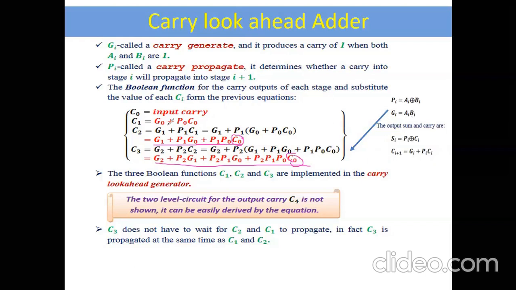You know, G0 plus P0 C0. Take G0 as one input, P0 as another input, C0 as another input. Then for this we need one AND gate. Then adding these two, I need one OR gate. The same logic diagram we should draw for C1, C2, C3.